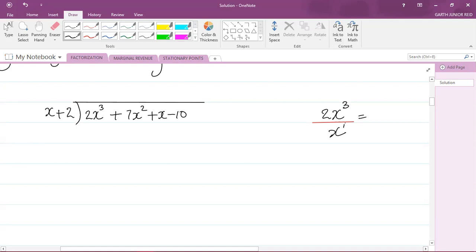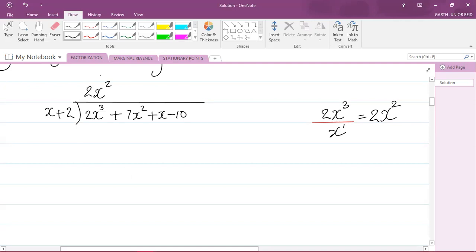You know that you subtract the powers once you have the same base. We have the same base here because we have x here and x here. So we can say that this is the same as 2 times x to the power of 3 minus 1. When you subtract the powers, 3 minus 1 is 2. So that 2x squared that I obtained there is going to be the first term in my quotient.